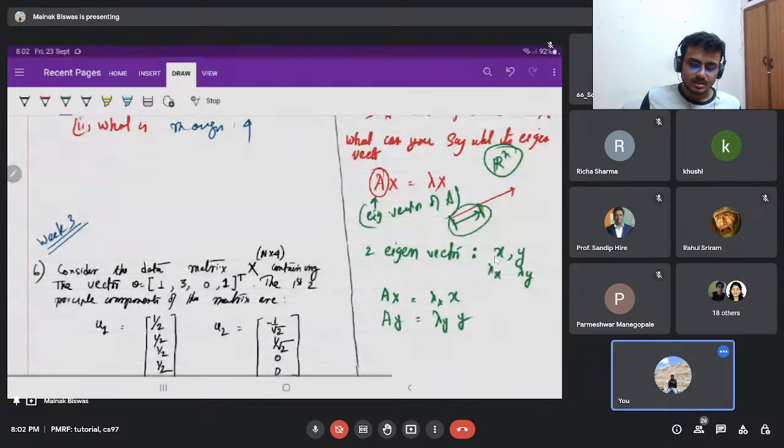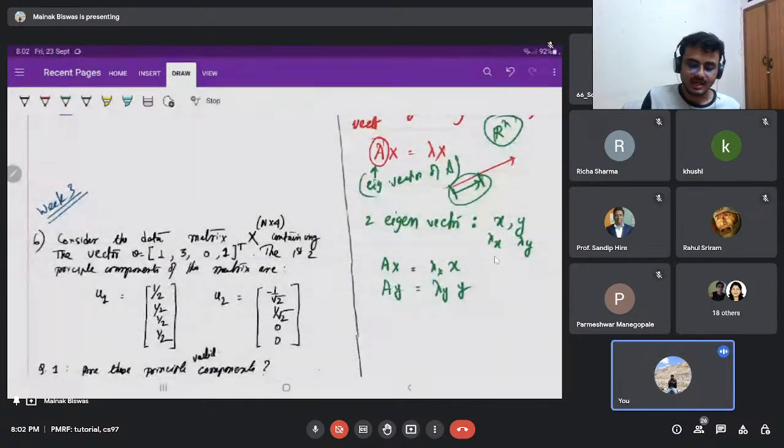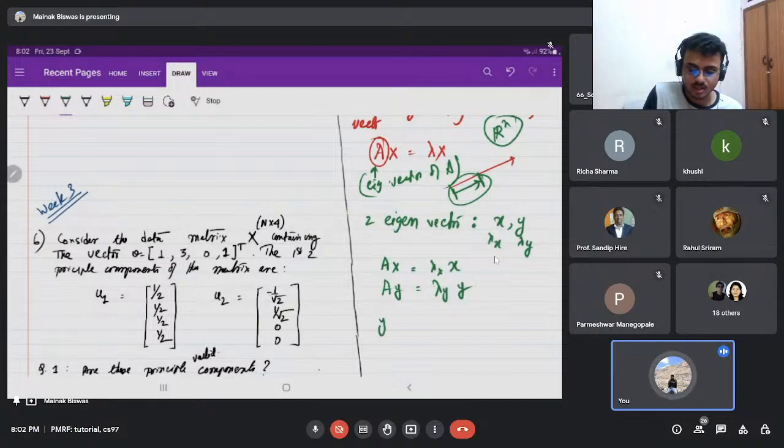Correct. So let's consider this dot product, y transpose Ax. What can you write this as? You can write this as y transpose lambda x x, such that lambda x is not equal to lambda y.